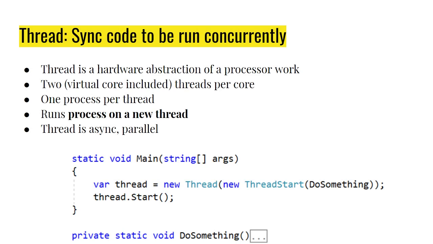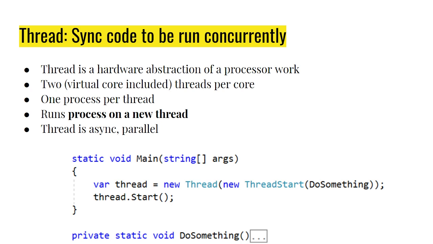So, a thread is something that makes code run concurrently and in parallel. Now, what does it mean? When we create a new thread, we basically say that it will be run on a different thread than the one we have at the moment.